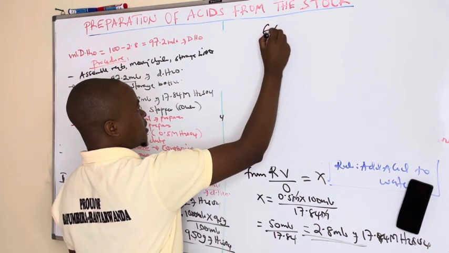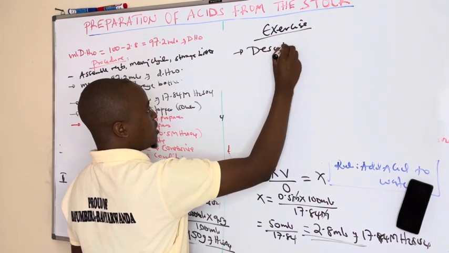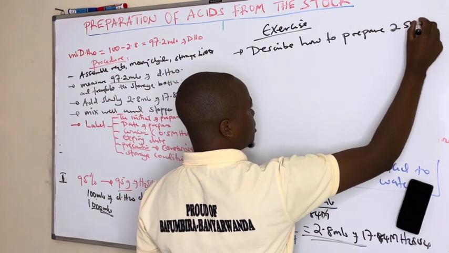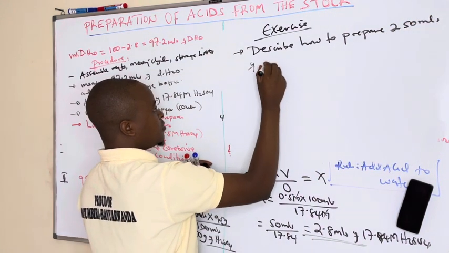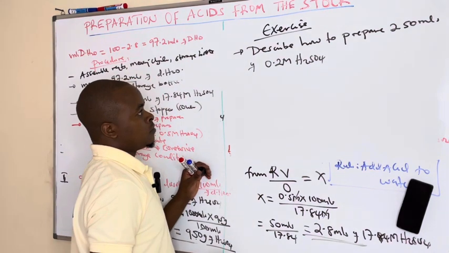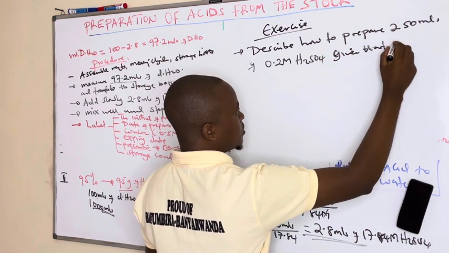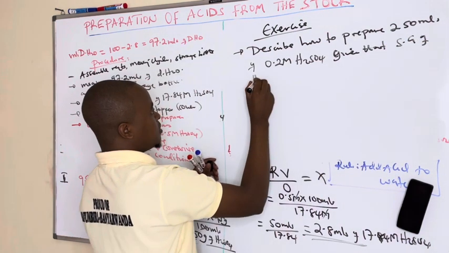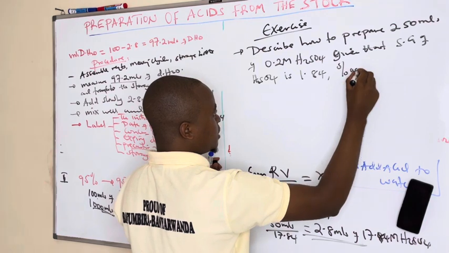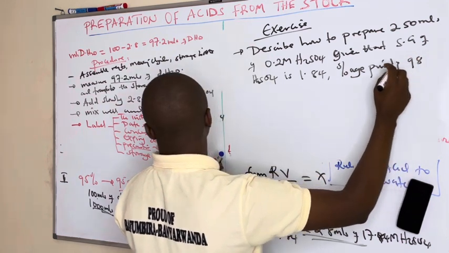For this homework or exercise, I want you to describe how to prepare 250 mils of 0.2 molar sulfuric acid, given that the specific gravity of sulfuric acid is 1.84 and the percentage purity is 98%.